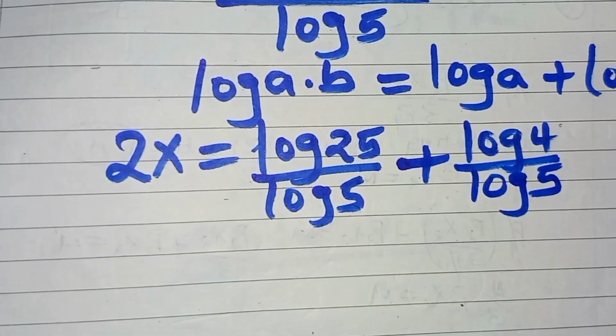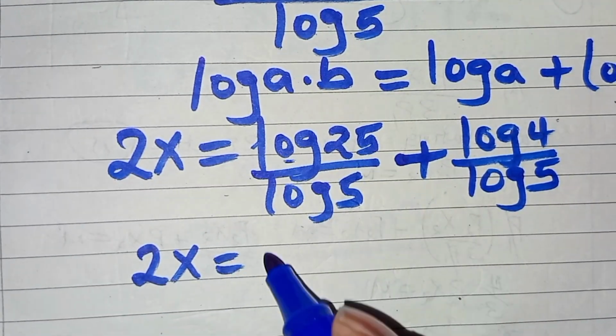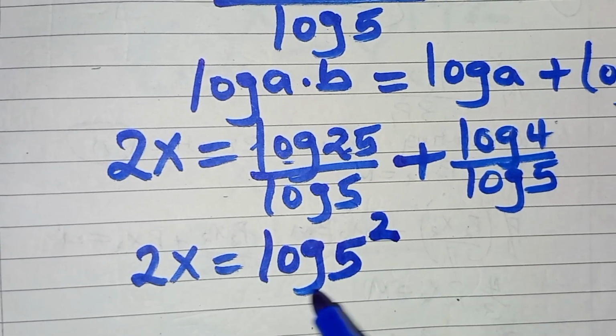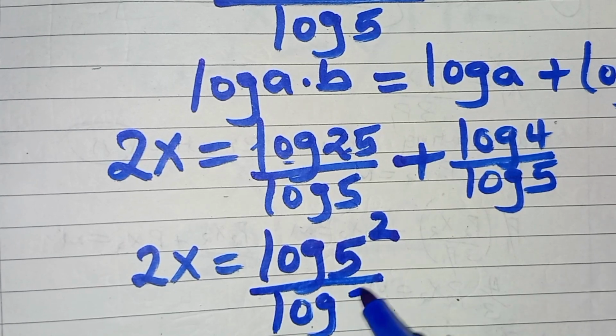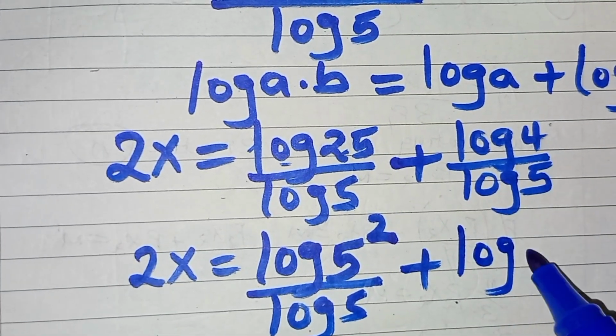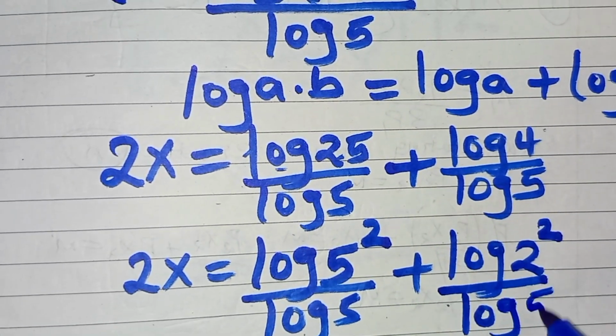The next step: we can express 25 as 5 to power 2, and 4 as 2 to power 2, all divided by log 5.